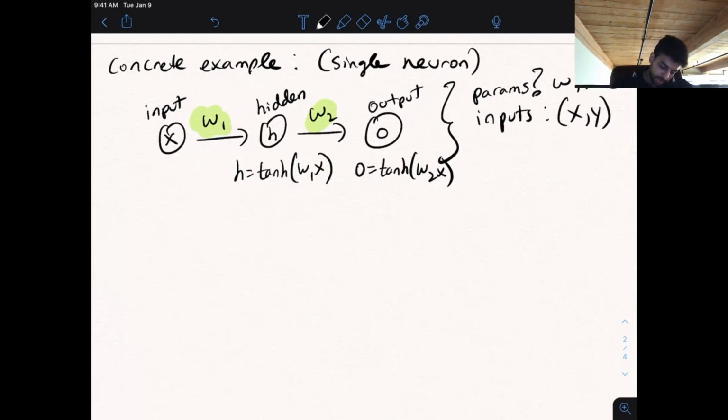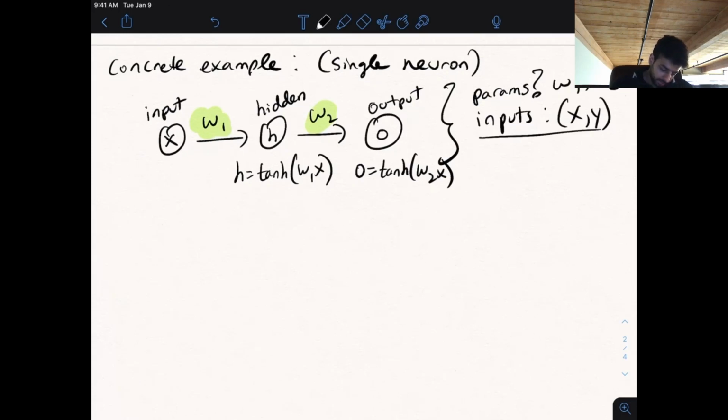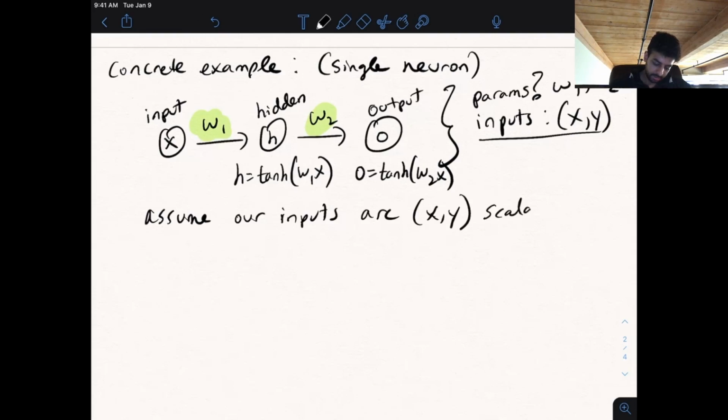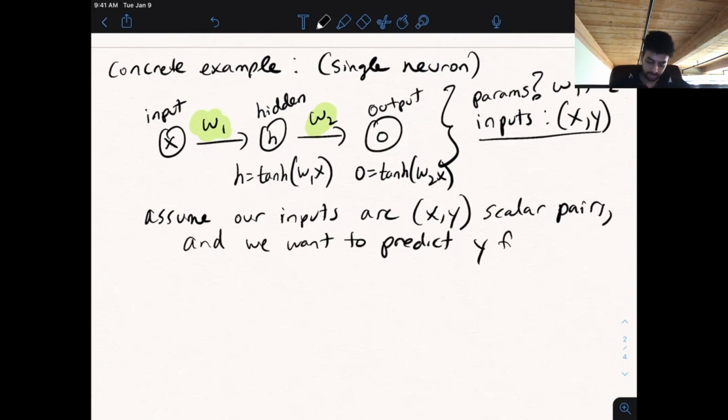Okay, so let's state this again a little more concretely just to make the training situation more clear. So let's assume our inputs are x, y scalar pairs, and our goal is we want to predict y from x.